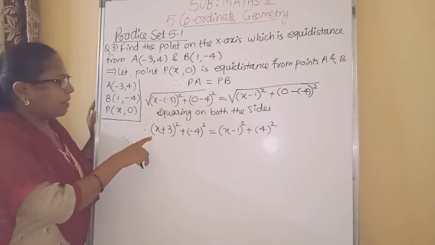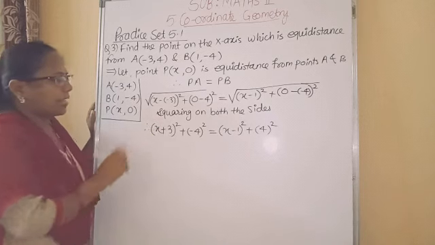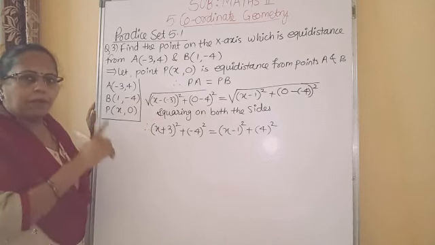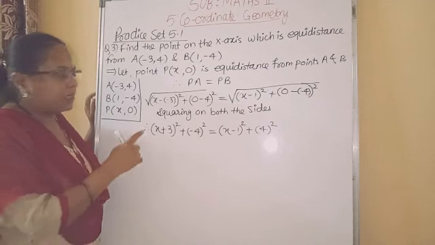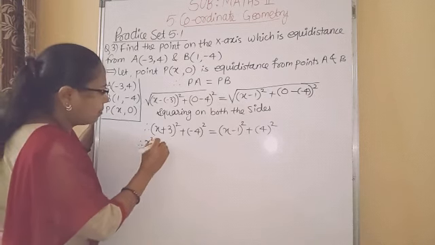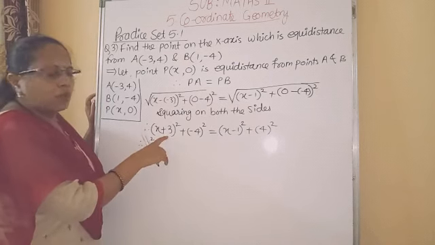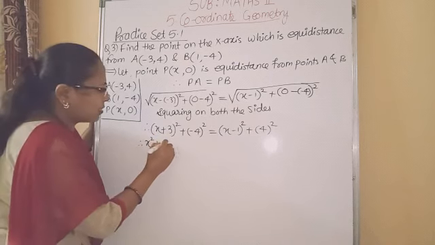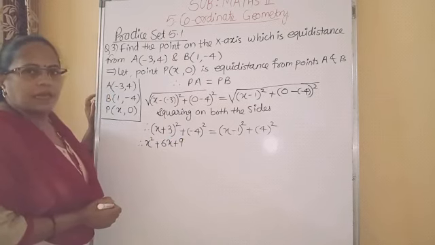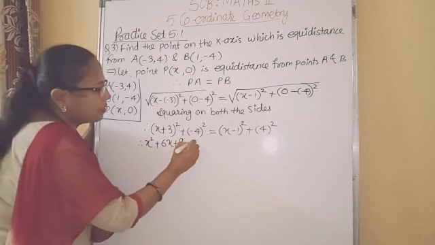Follow this step. Now here we have to expand this bracket using the formula a plus b the whole square. According to that, a square plus 2ab plus b square. So according to that, here we will get x square plus 2 into 3 into x. So 6x plus b square is 9. 3 square is 9.